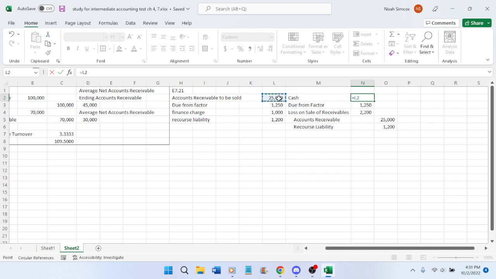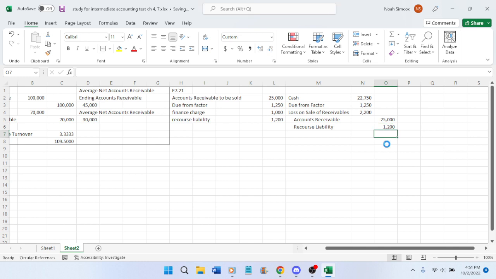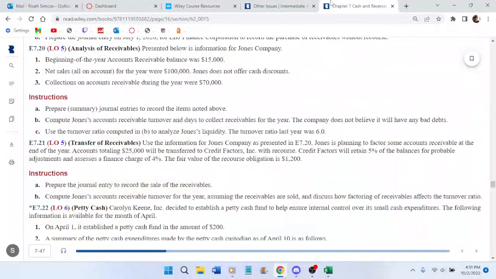The cash is the amount sold minus the finance charge and minus due from factor. So there. Is that it? Record the entry.